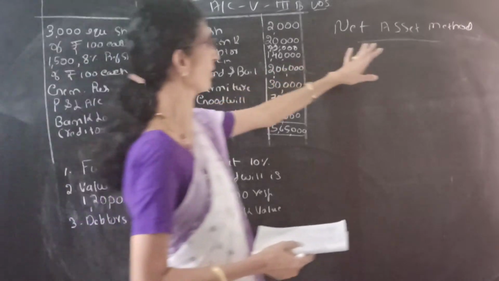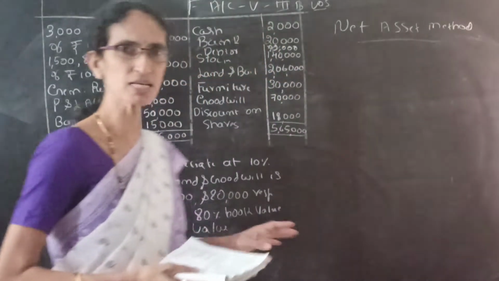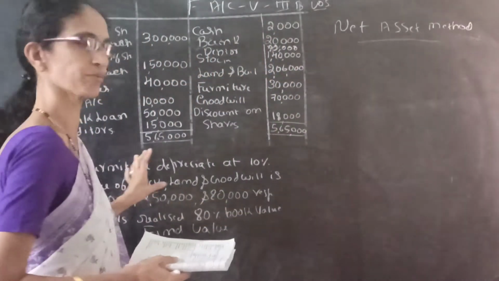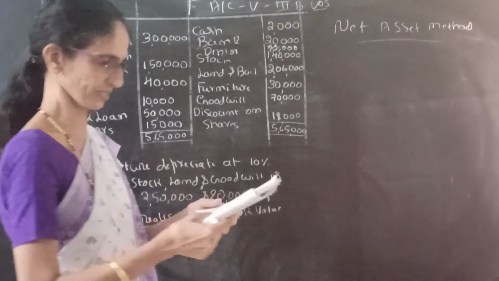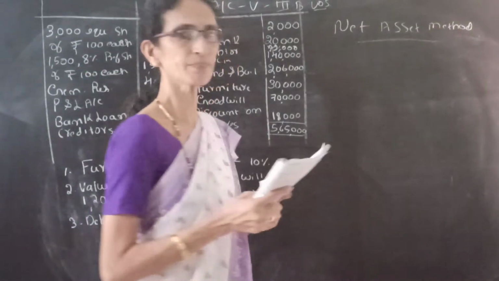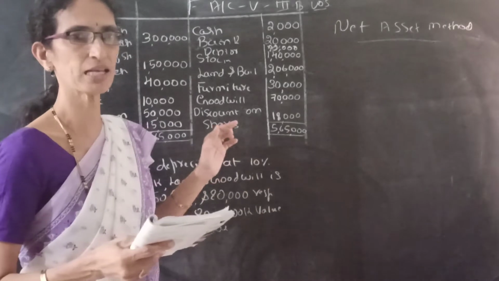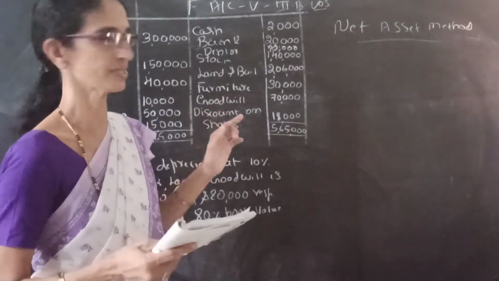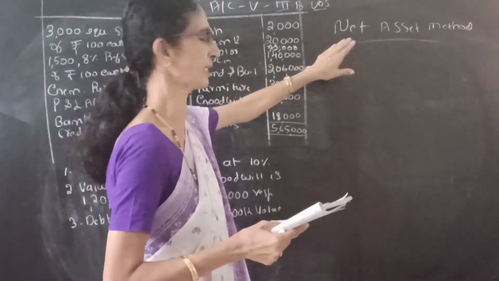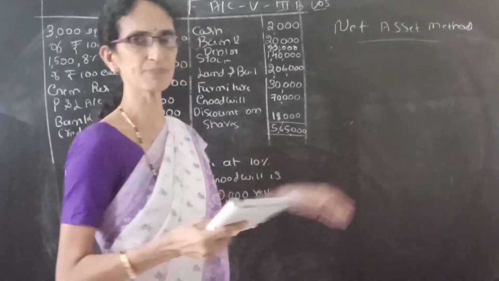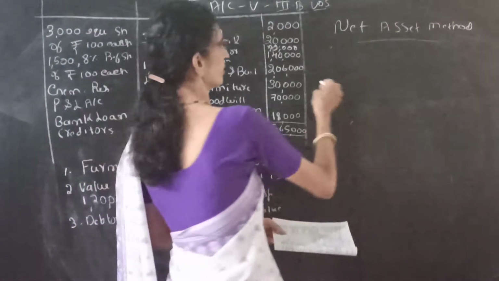So now we have to adopt the net asset method because in the problem the market value of asset is given. So under the net asset method, we have to find out the market value of assets, less liabilities payable to the outsider.